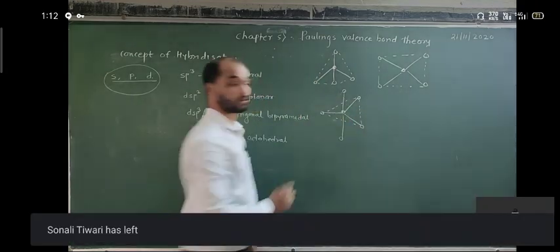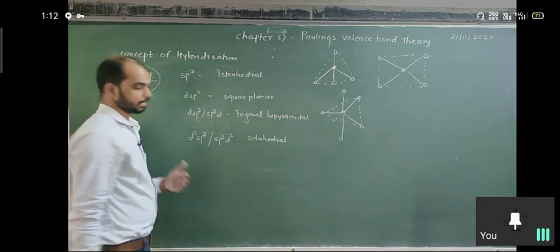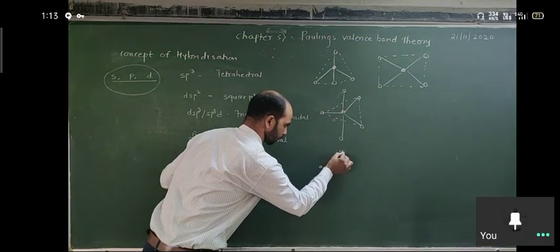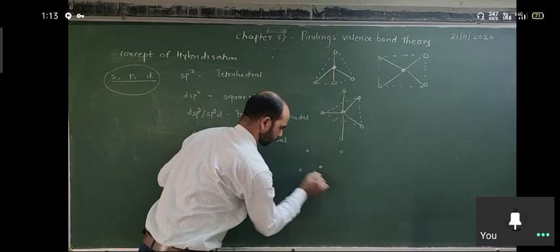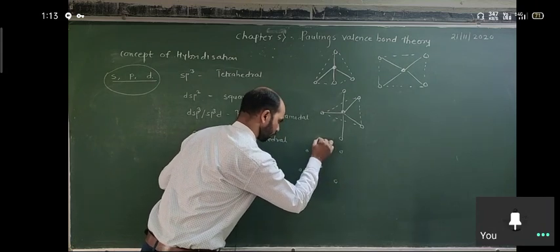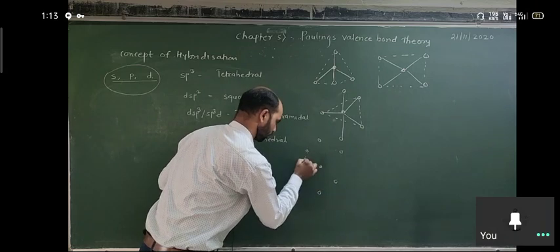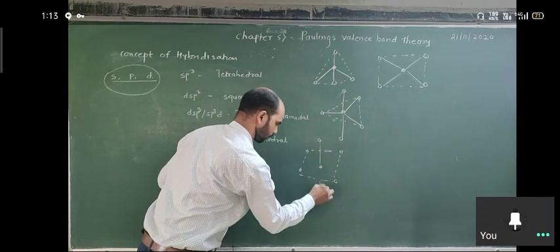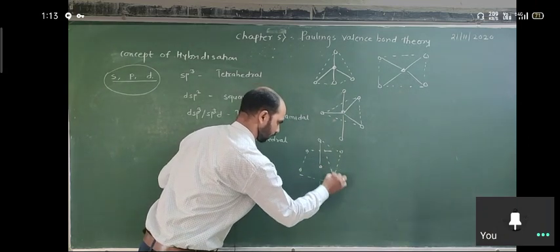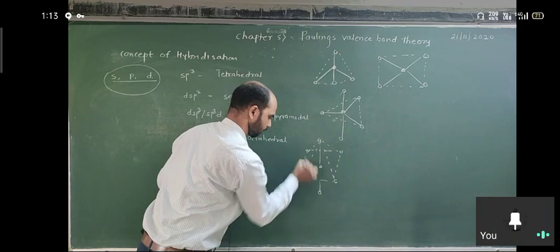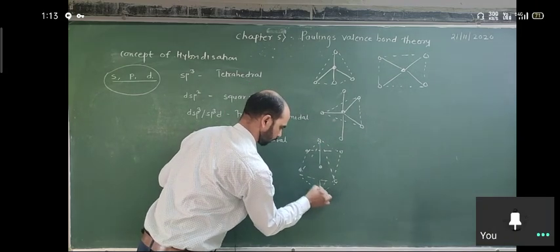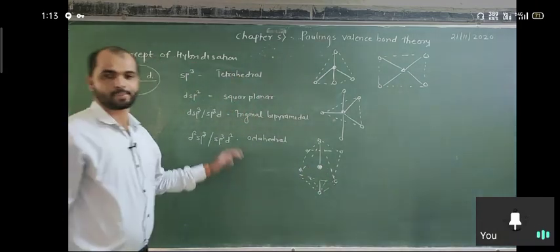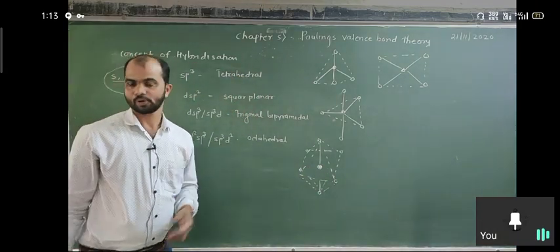Trigonal bipyramidal. Then octahedral. So these are the hybridizations the central metal atom or ion undergoes.